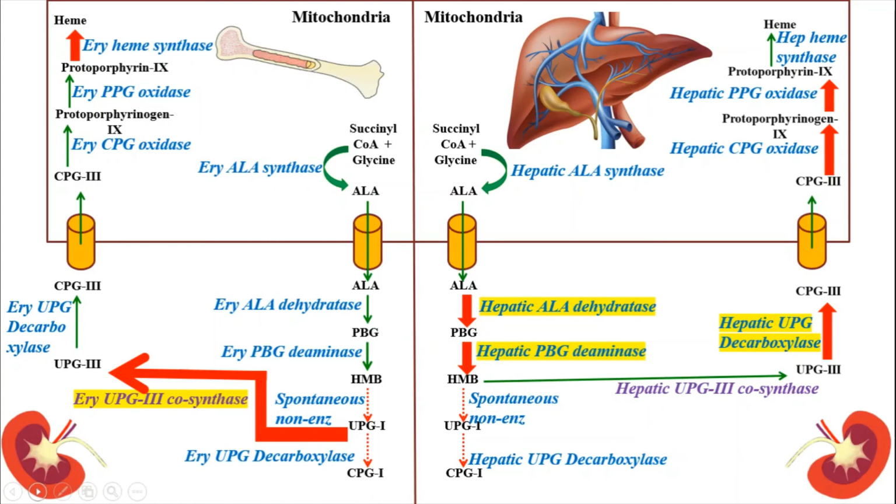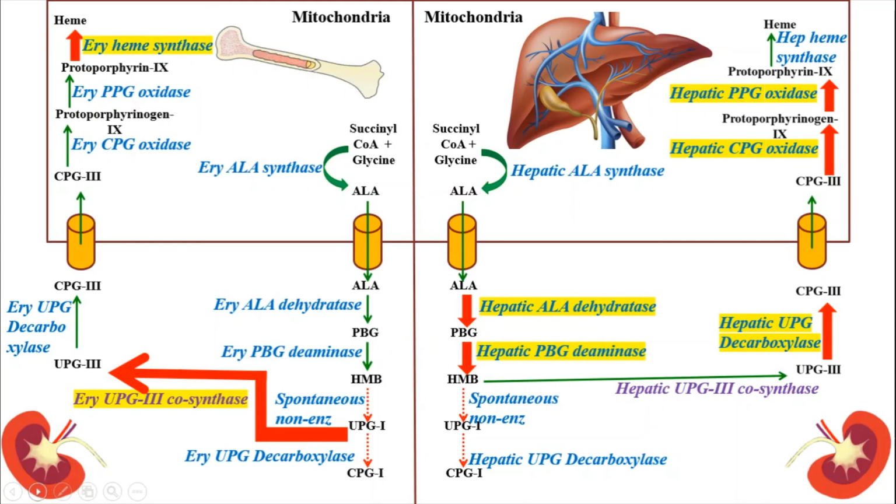the name of the disease is porphyria cutanea tarda. When the defective enzyme is hepatic CpG oxidase, the name of the disease is hereditary coproporphyria. When the defective enzyme is hepatic PPG oxidase, the name of the disease is variegate porphyria or porphyria variegata.